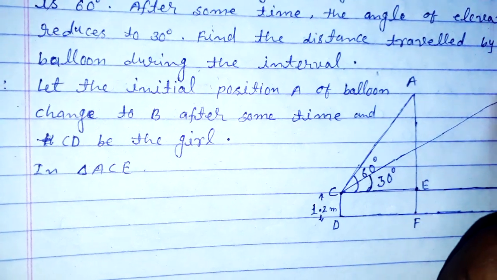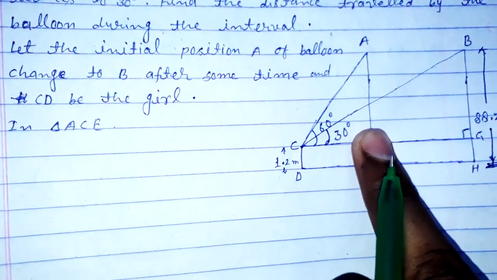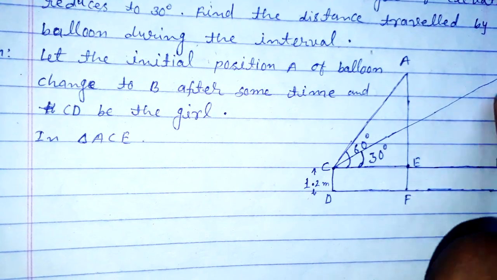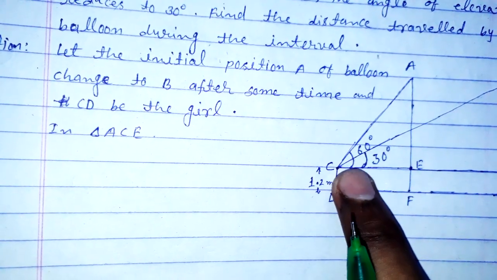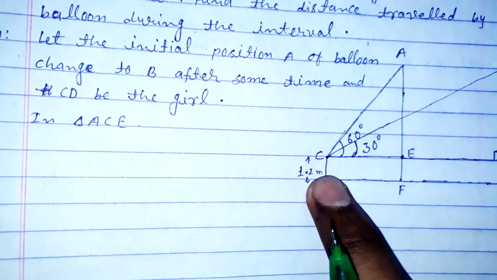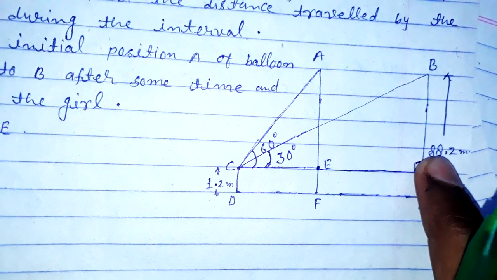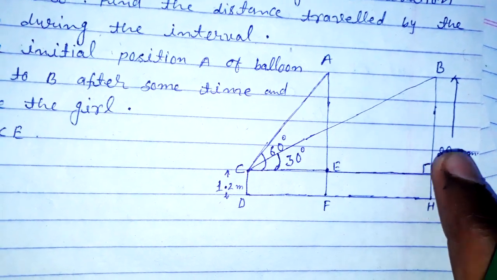The position changes, so first is 60 degrees and second is 30 degrees, and the girl is CD, 1.2, and this is 88.2 meter.